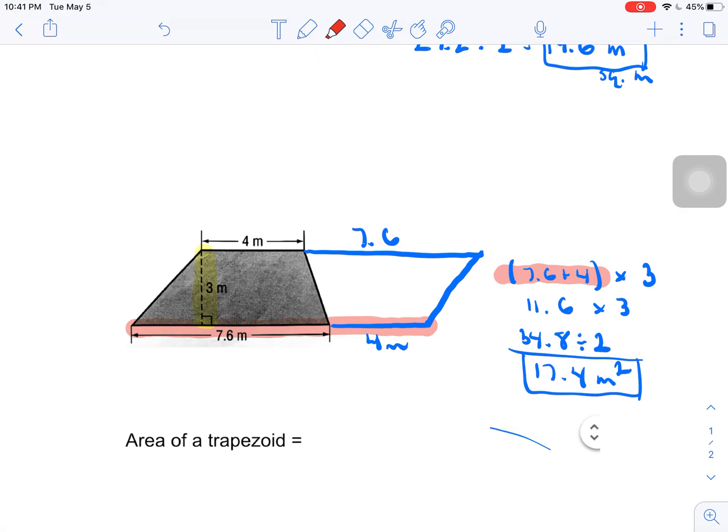So trapezoids always have 2 bases, and the bases are the 2 parallel sides. So what we end up doing is just taking those 2 measurements, the bottom and the top of the trapezoid, and adding them together to get the base of the parallelogram.